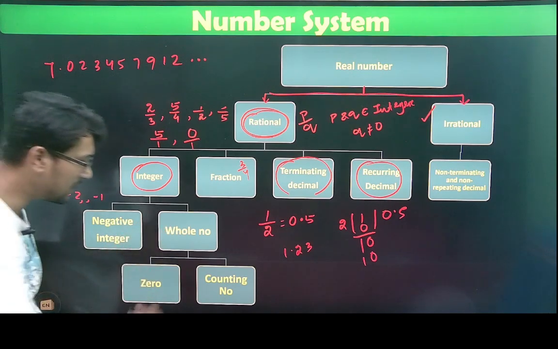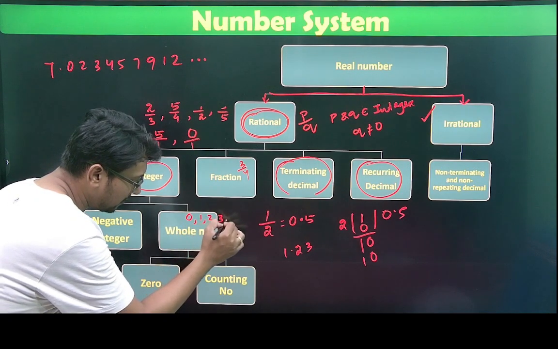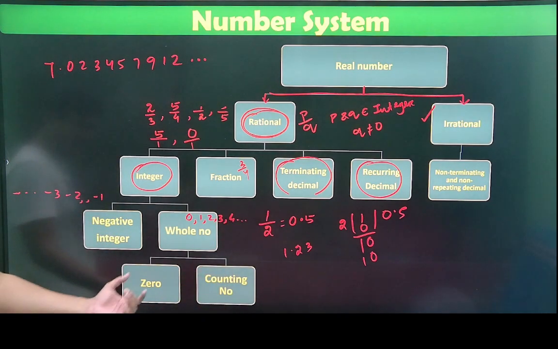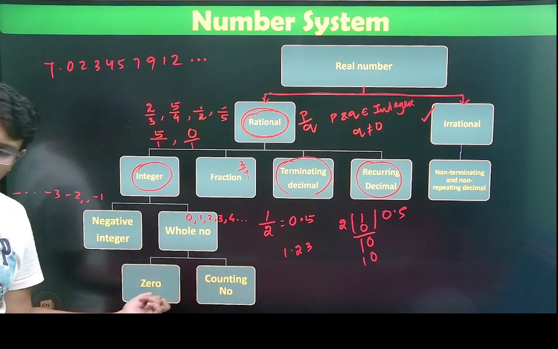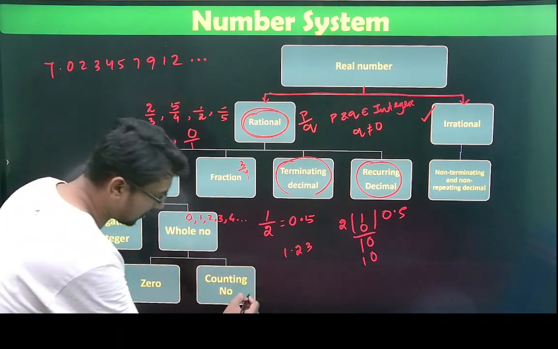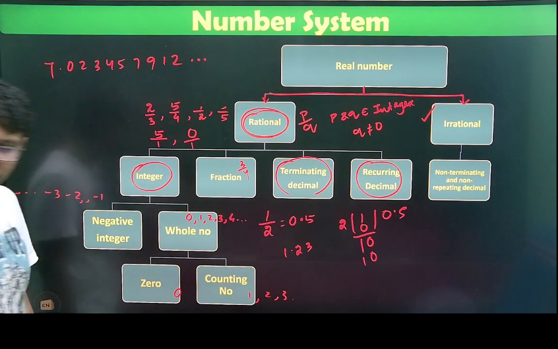And whole number means 0, 1, 2, 3, 4, and so on. Yes or no? And whole number can be divided into two parts. One is 0, other one is counting number. Counting number means natural number: 1, 2, 3, 4.